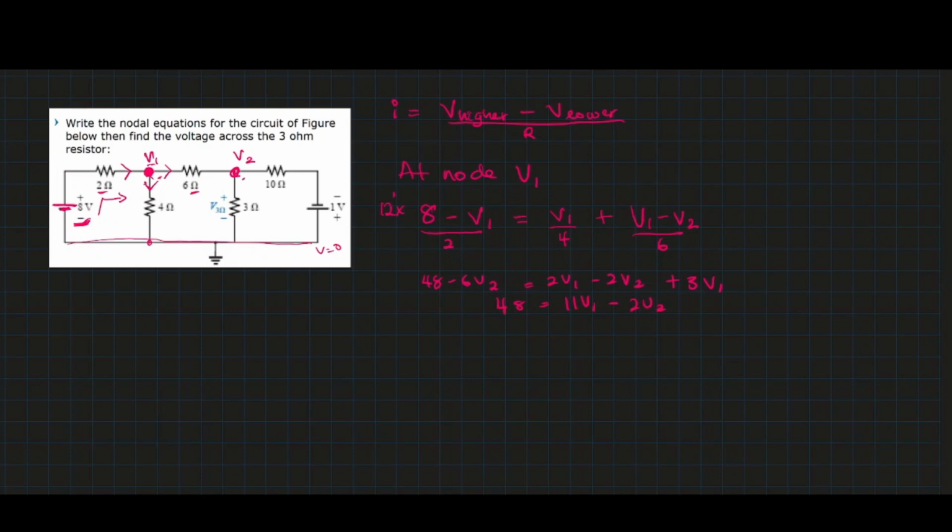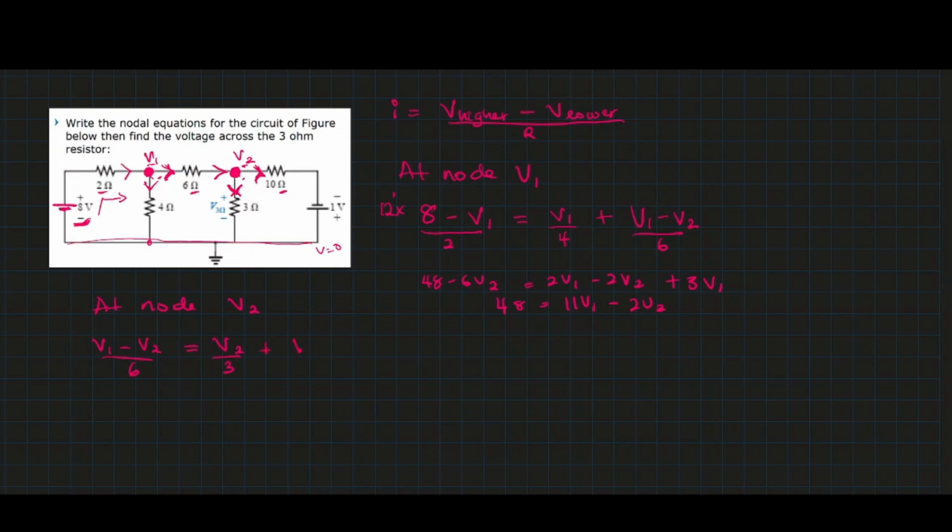As simple as that. Next, at node V2, let us see what currents are entering and what currents are exiting. Obviously the current coming from here will enter node V2. Current exits at this point and at this point. So for the current entering, it's going to be V1 minus V2 over 6, equals the current going here, V2 minus 0 over 3, and at this point, the higher voltage is going to be here because voltage will drop across the resistor.